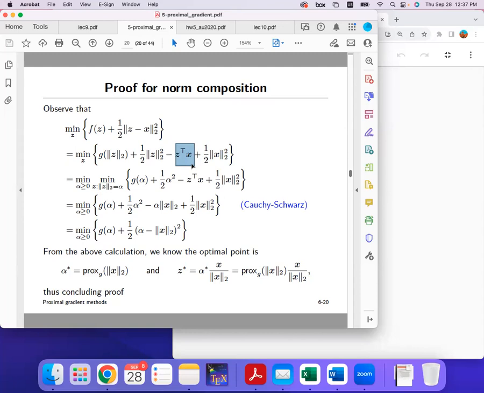we can equivalently rewrite this problem as follows. We can denote the L2 norm of z as alpha. We introduce it like an auxiliary variable. We just denote this L2 norm as alpha. Okay. And then by definition, we replace the L2 norm by alpha everywhere.